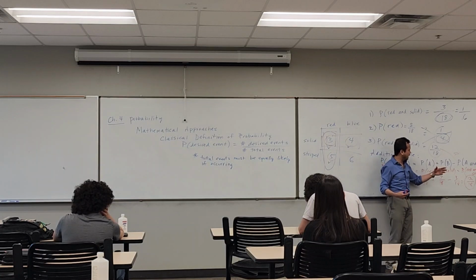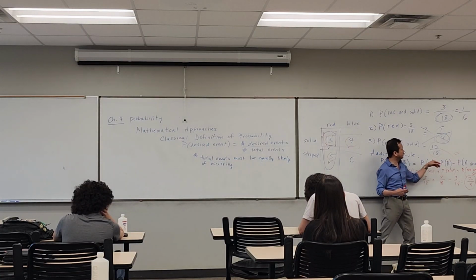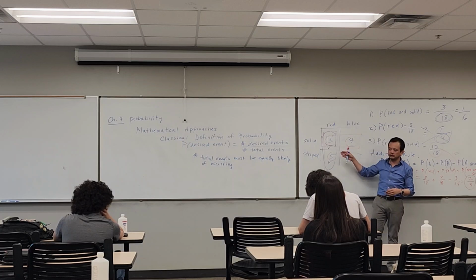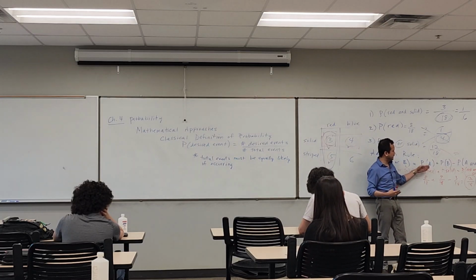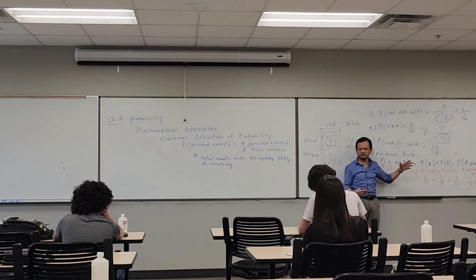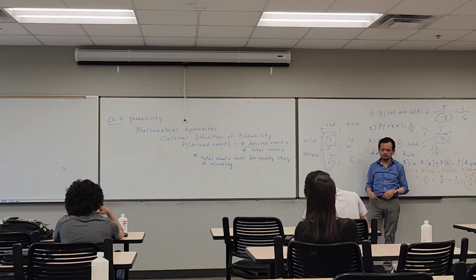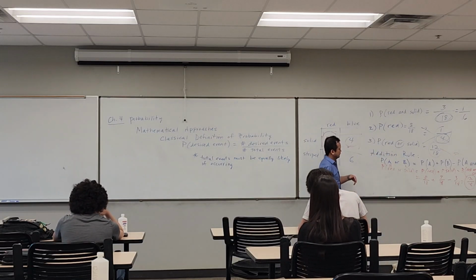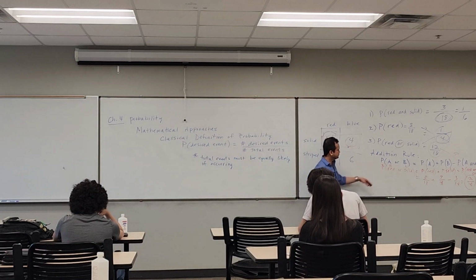So oftentimes you have the summaries of the probabilities, but you don't have the individual numbers like we do here. So if you have the summaries of the probabilities, then you would just use the addition rule, and you're guaranteed to get the same answer as if you had the individual numbers. So this will become really useful, and we'll see more examples of that later.